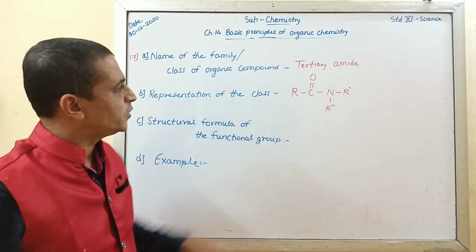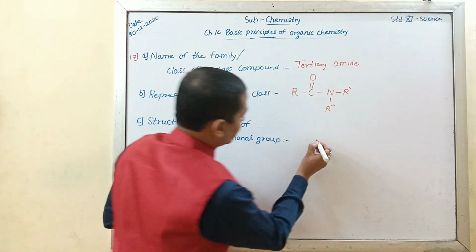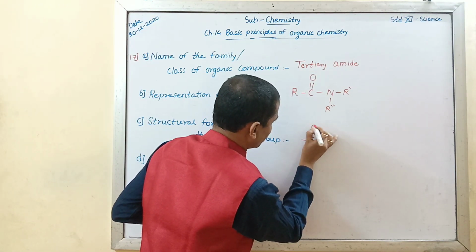They may be the same or different alkyl groups. Now see the structural formula of the functional group. You remove this R, and we get the structural formula.